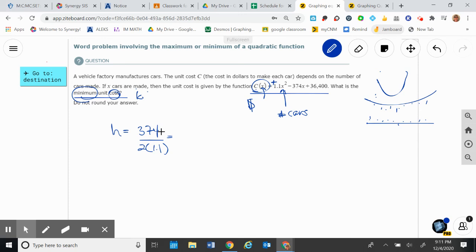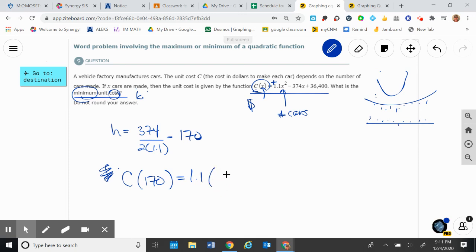So that's 170. That is my H. I need to plug that in now. So I'm going to find not C, not F, but C of 170. So 170 cars is going to be the minimum cost.